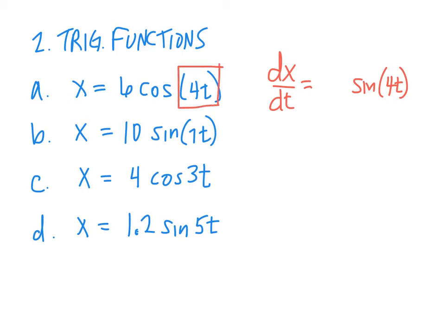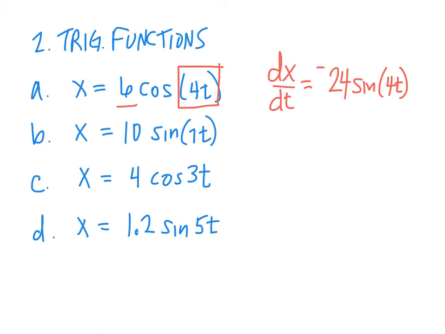So the derivative of 4t would just be 4, and I'm going to multiply that by the 6. So the number in front is going to become 24. And again, the process of taking the derivative of a cosine function picks up a negative sign. We'll see later on an example of why that makes sense in a real-world situation.